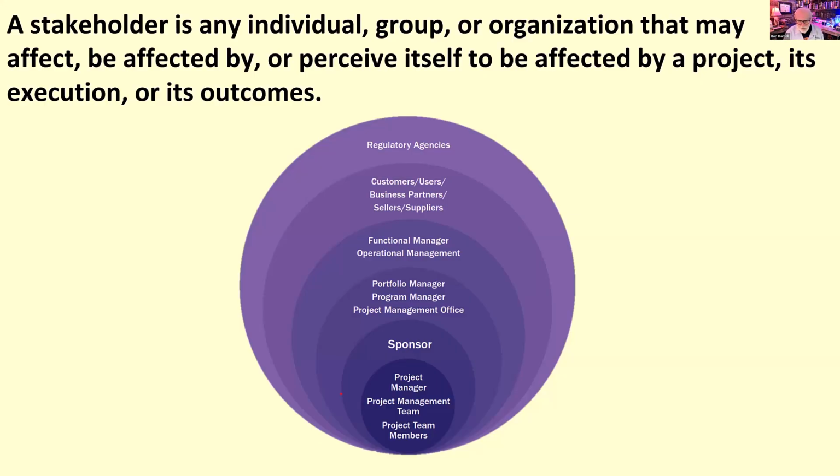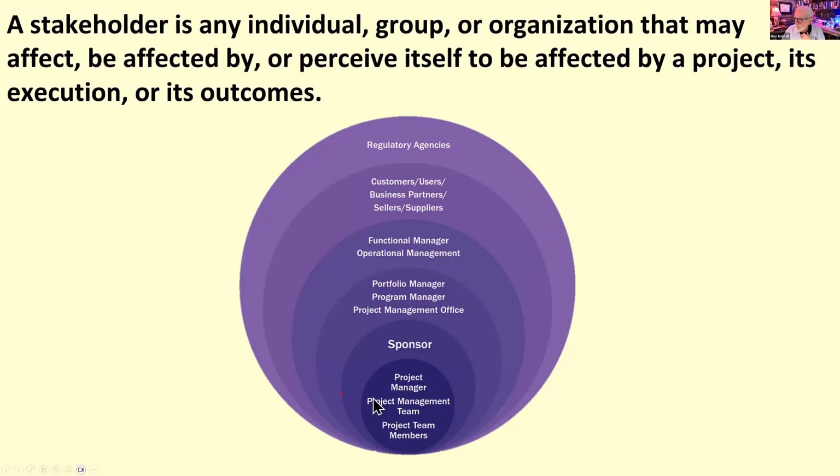But in this case, it shows that your stakeholders tend to be organized in these layers. I used to represent this as sort of a target, where the project team is in the center, and you would go out from the target like a dartboard. This kind of shows the same thing, but I think it implies a level of importance that may not exist.